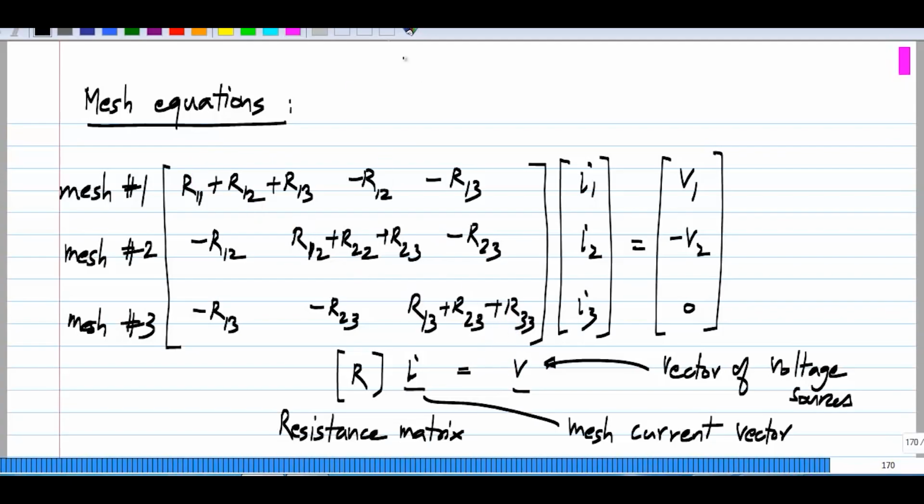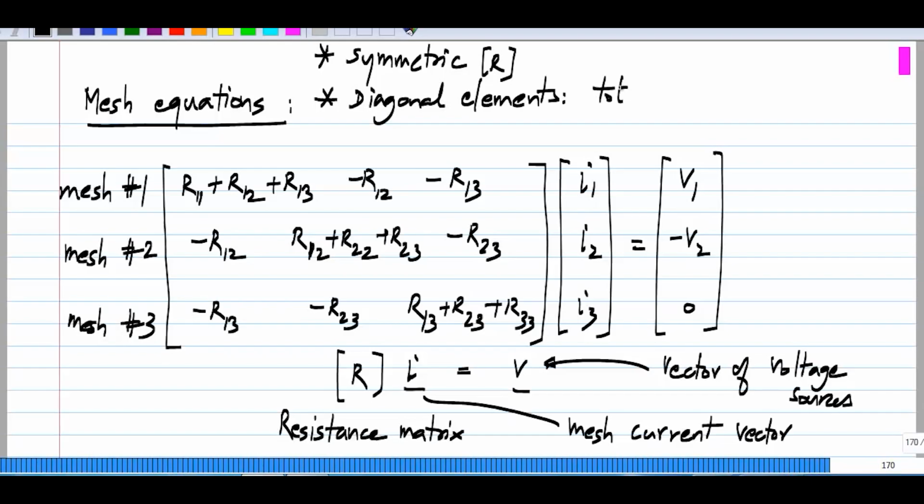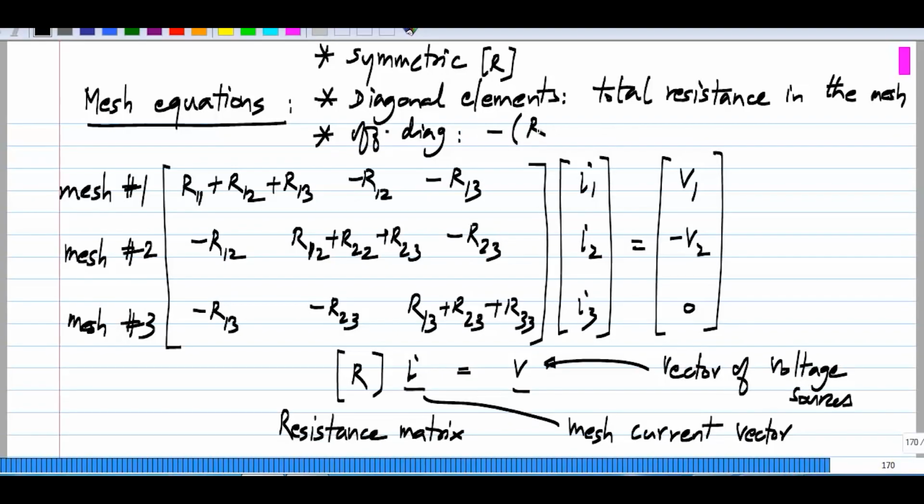We have a symmetric resistance matrix, and the diagonal elements correspond to the total resistance in the mesh, and the off diagonal elements are the negative of the resistance common to the corresponding meshes.